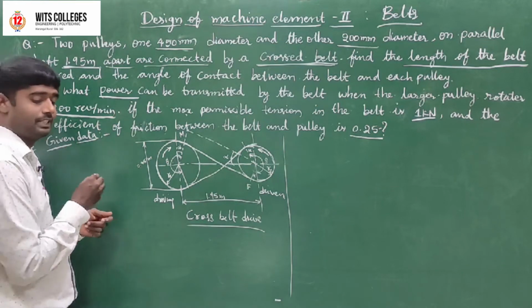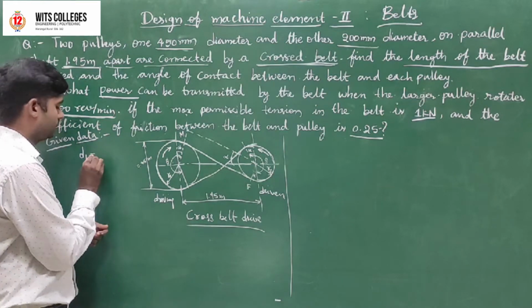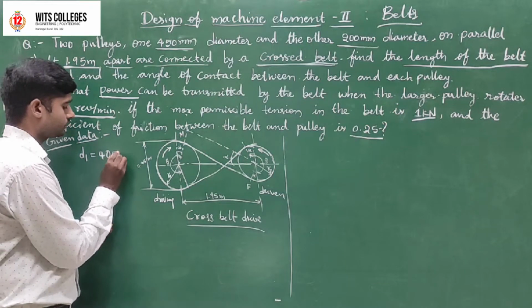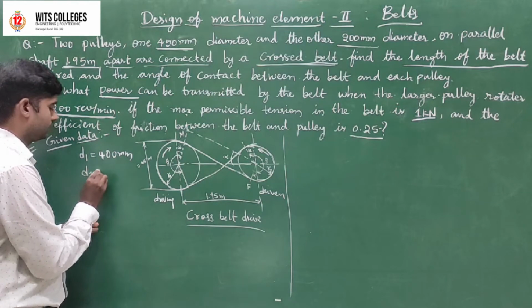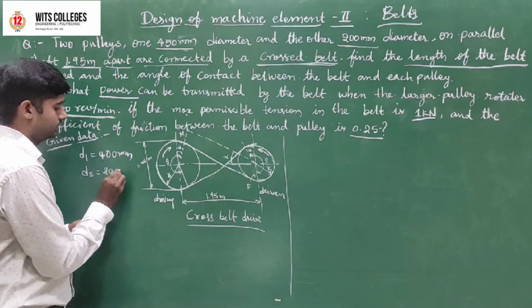The given data: D1 is equal to 450 mm, D2 is equal to 200 mm.